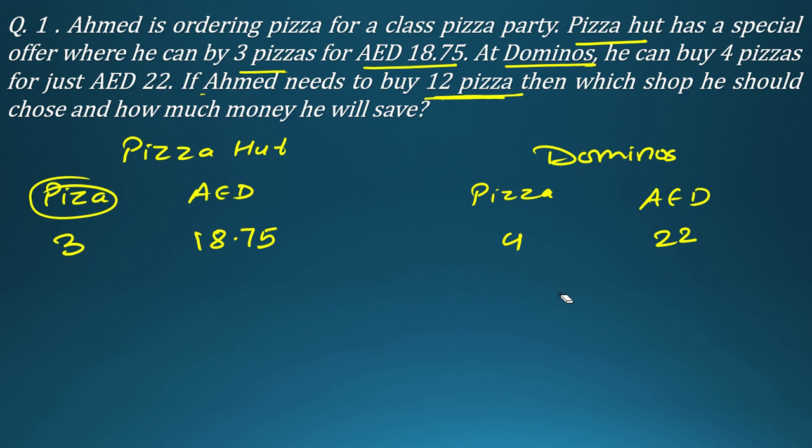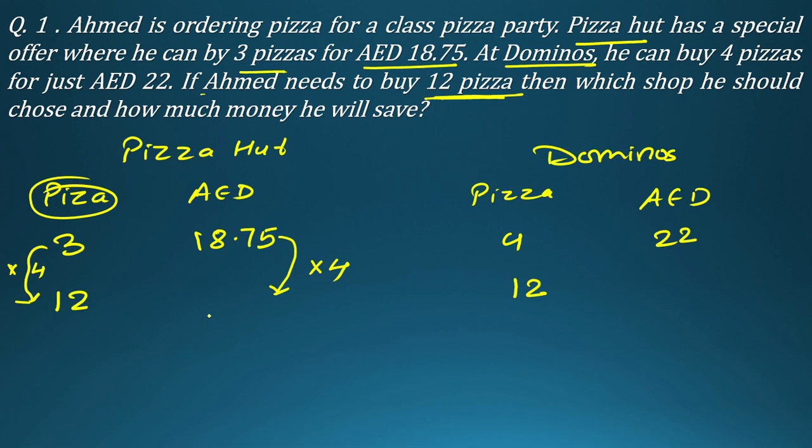So here I am going to do it directly for 12. You see, 3 multiplied by 4 is 12. Yes or no? So the same multiplication you will do here also: 18.75 times 4.